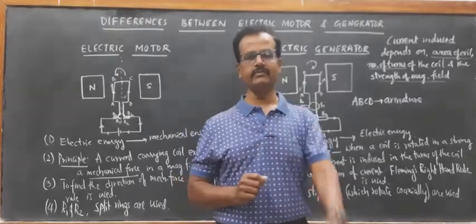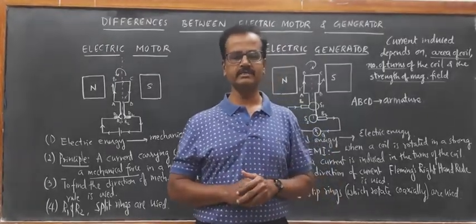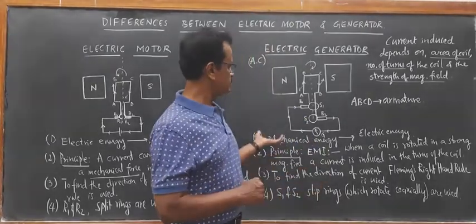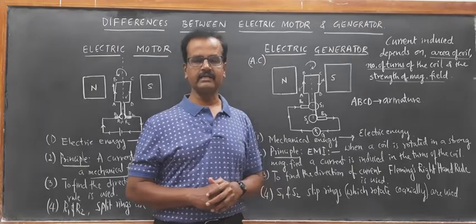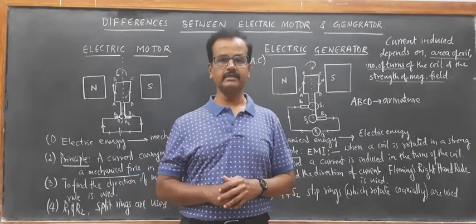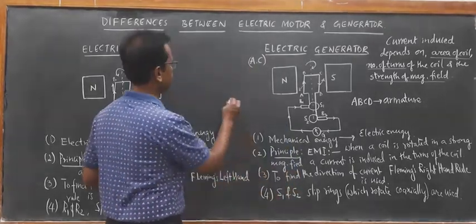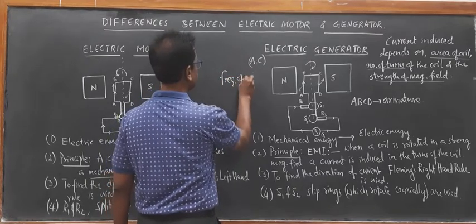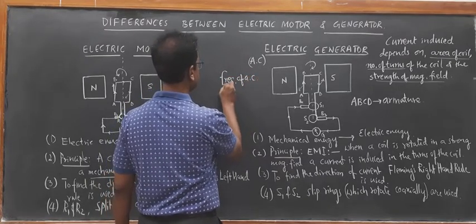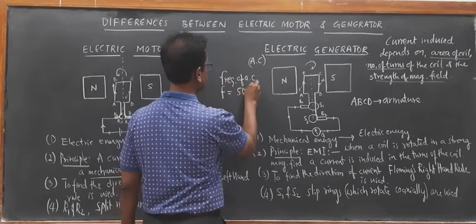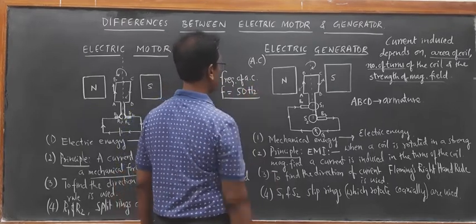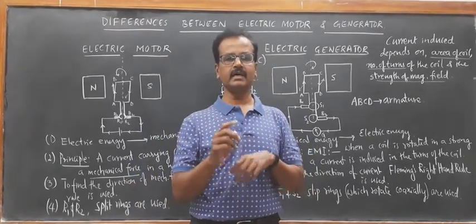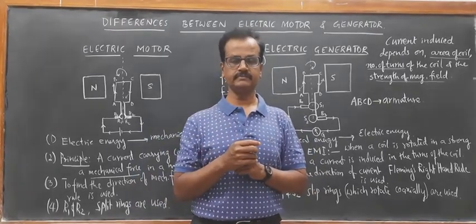And one more thing that we discussed in the previous session is that the frequency of reversing the electric current in our country is 50 Hertz. Frequency of AC is 50 Hertz. It means in every 1/100th of a second, the current reverses its direction.